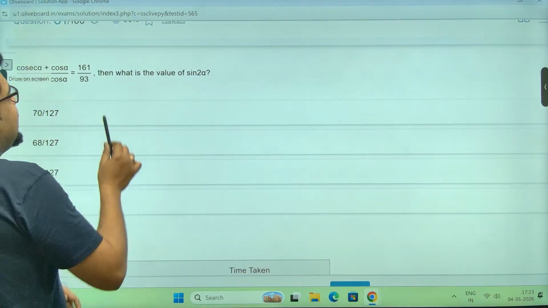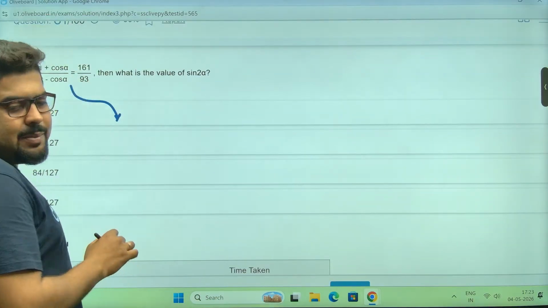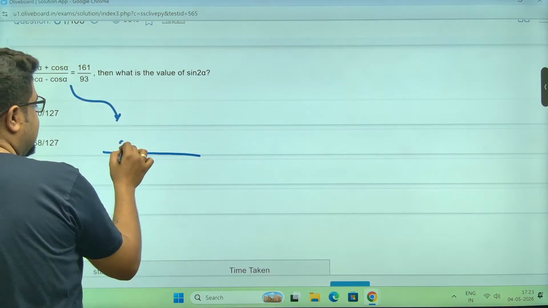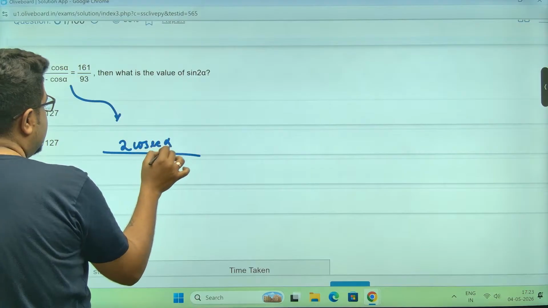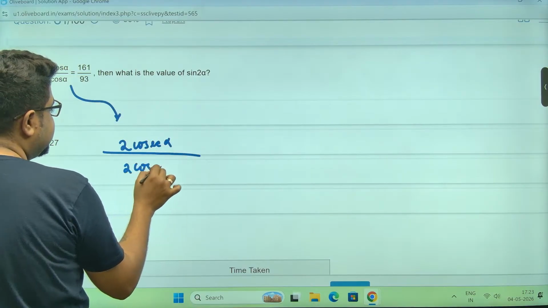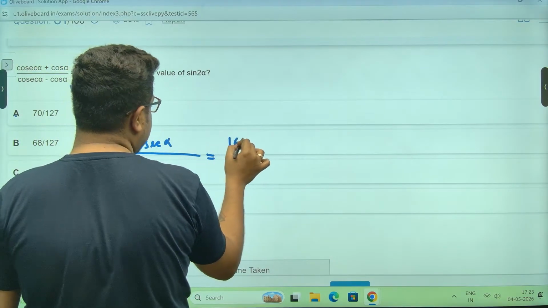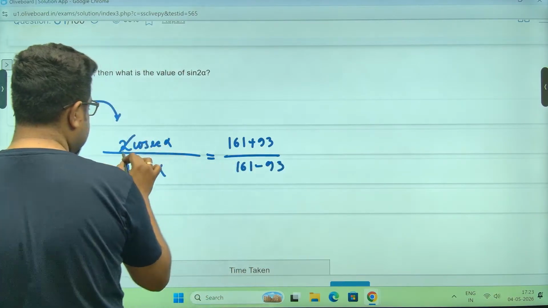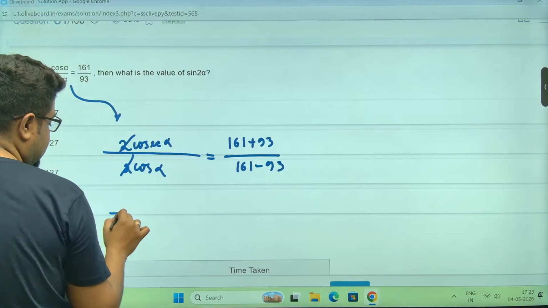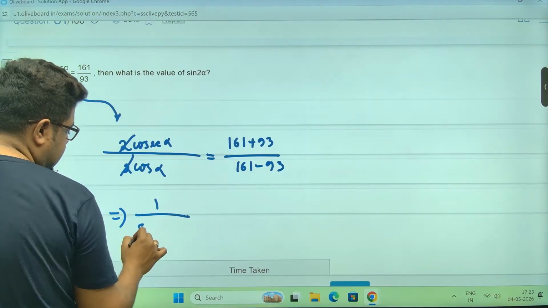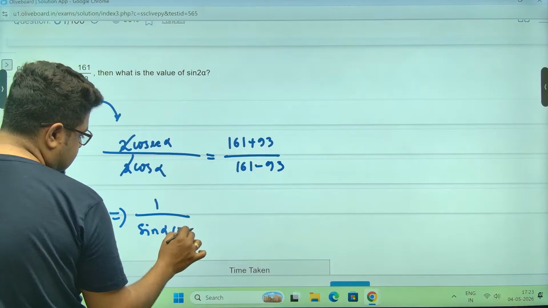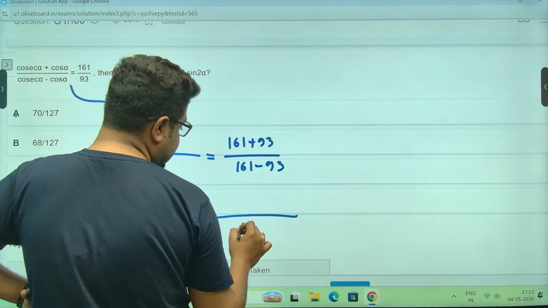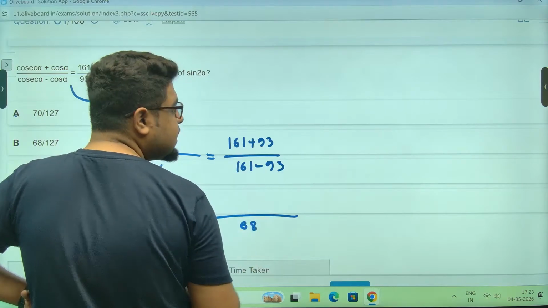So this is a pure and simple question of componendo dividendo. Just add and subtract. So if you do that, top you will get 2 cosec alpha, bottom you will get 2 cos alpha. Here it will be 161 plus 93. Then this cosec and cos, 1 by sine alpha cos alpha. This is 61 plus 7. 61 plus 7 is 68.